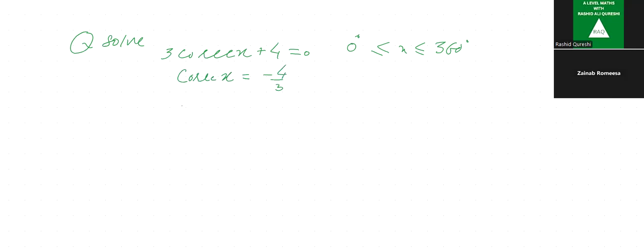So what will you do? You have to change this one into the form of sine. So I will write this as sine of x equals minus 3 by 4.